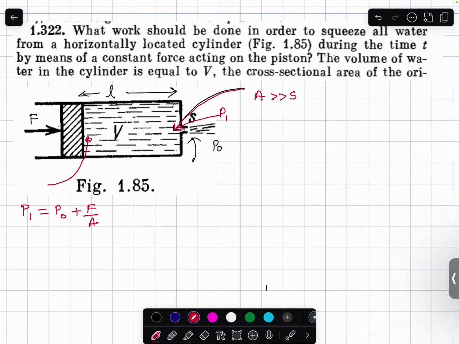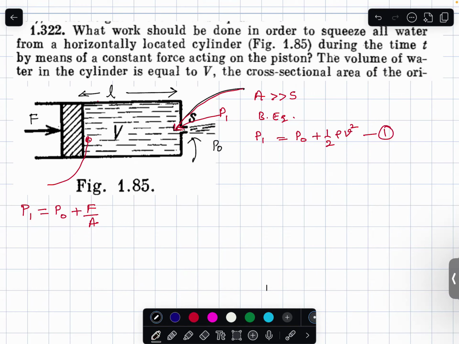Apply Bernoulli's equation. P1 is equal to... any doubt in this equation?